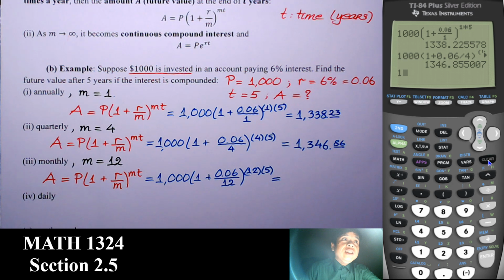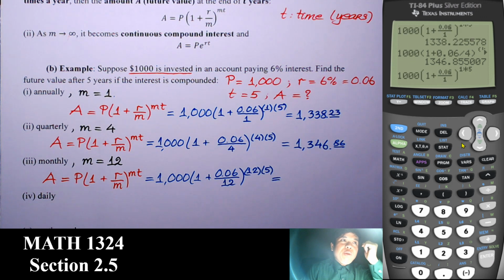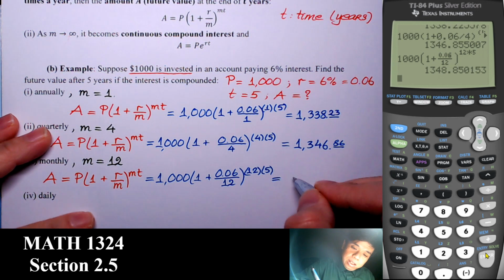Of course you can enter the same thing, but if you have this calculator you can just highlight it. Remember, I entered this for a reason. All we need to do here is just change to 12, and here we have 12 times 5, or 60.